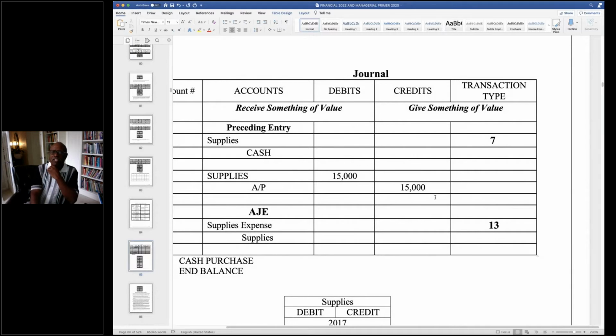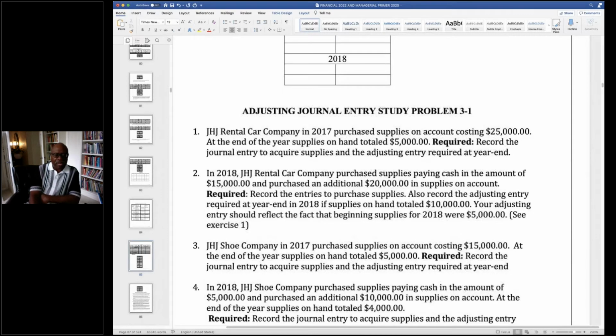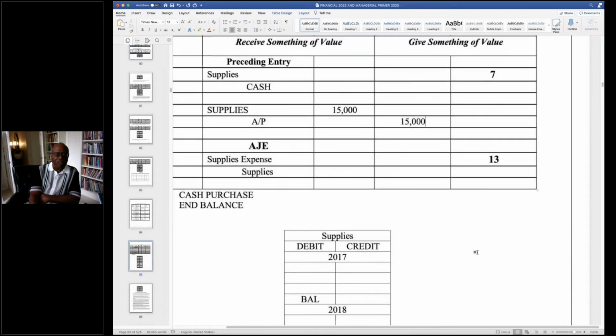Any question on that entry? That's the preceding entry. Then what happened? They only had $5,000 left, so that means they would have spent 10,000, which makes the adjusting entry supplies expense debited at 10,000 and supplies credited at 10,000.